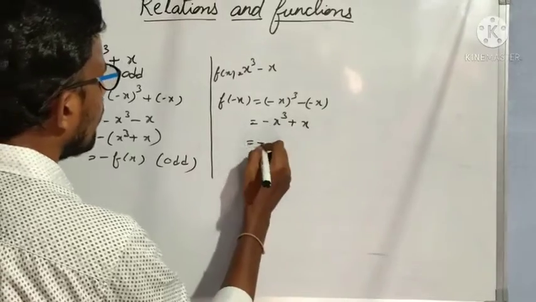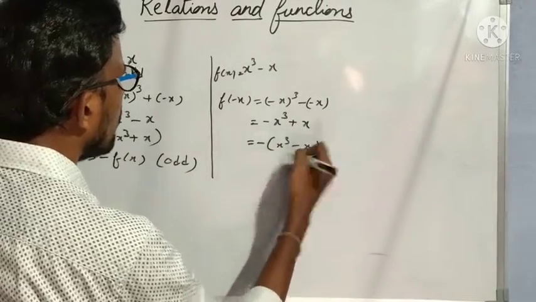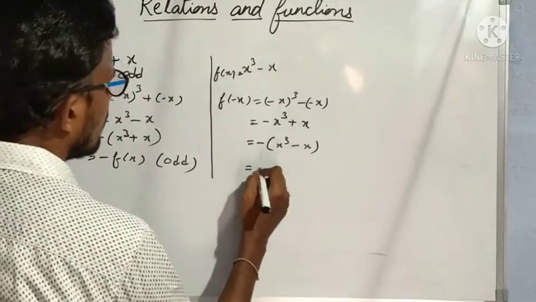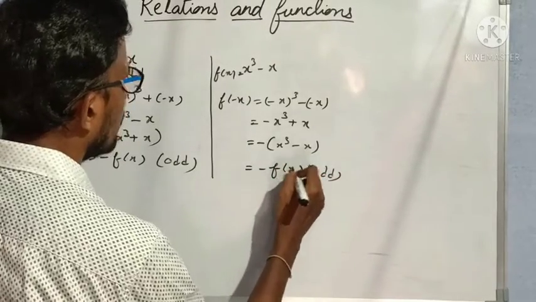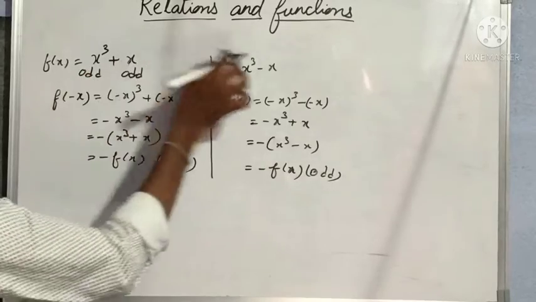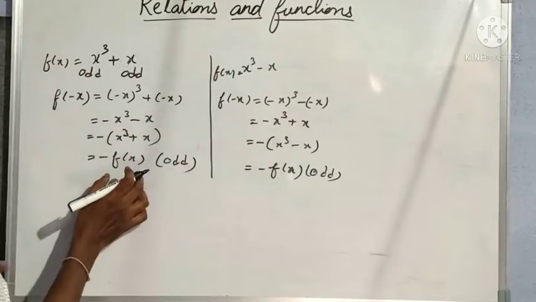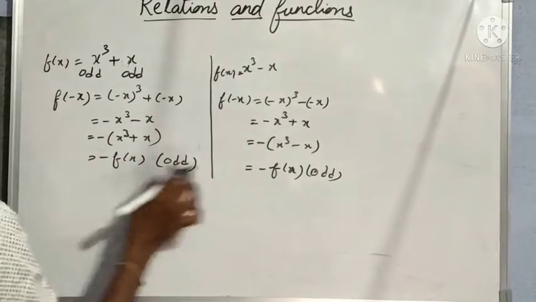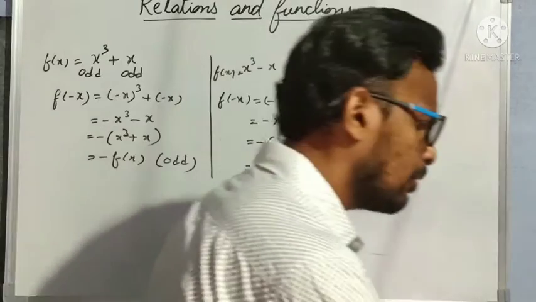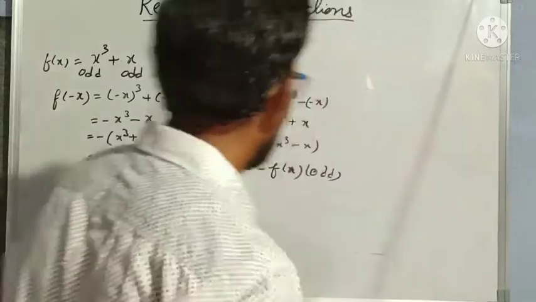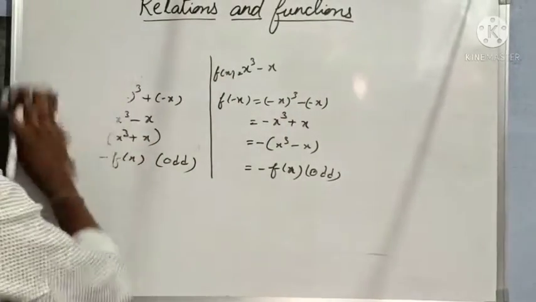So here also if I take minus common, then x cube minus x. So this is also minus f of x. So this is what type of function? Odd function. So when we add or subtract two odd functions, the resultant function we are getting is what type of function? Odd function. Understood? Sum of two odd functions or difference of two odd functions is an odd function.